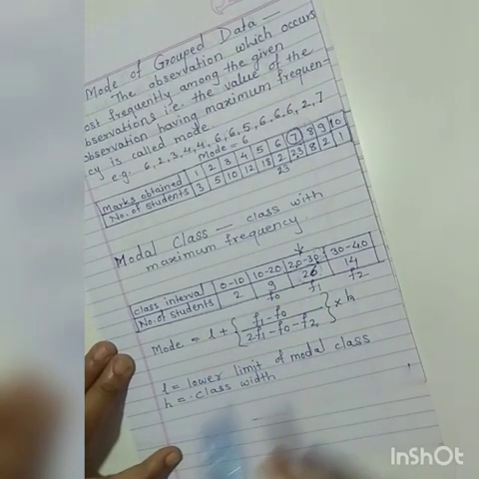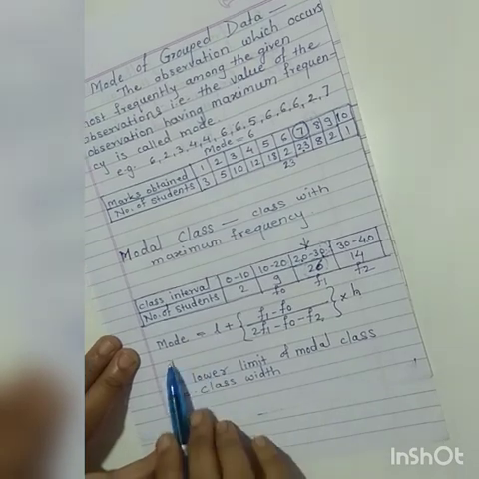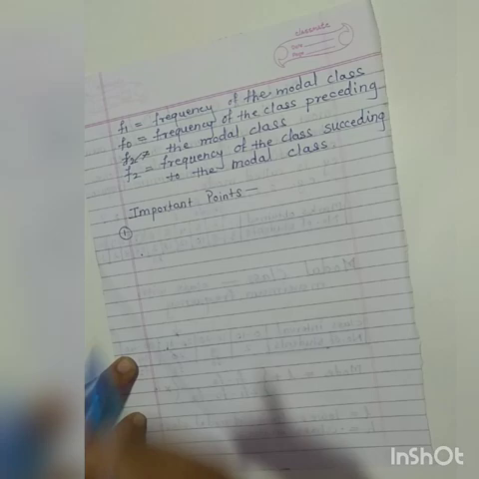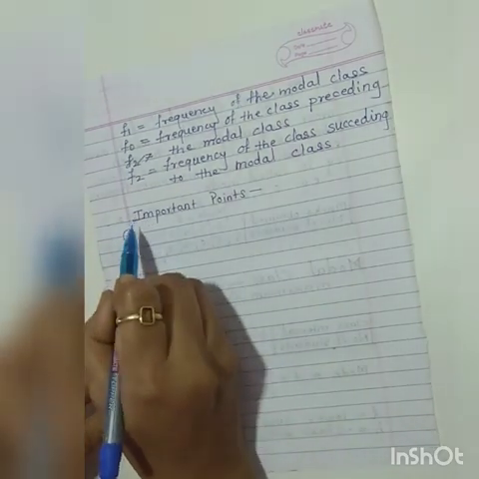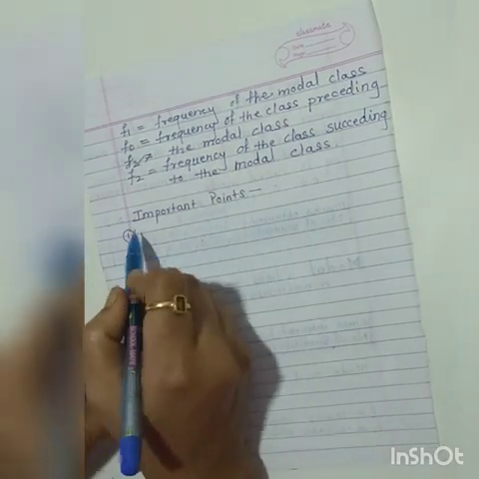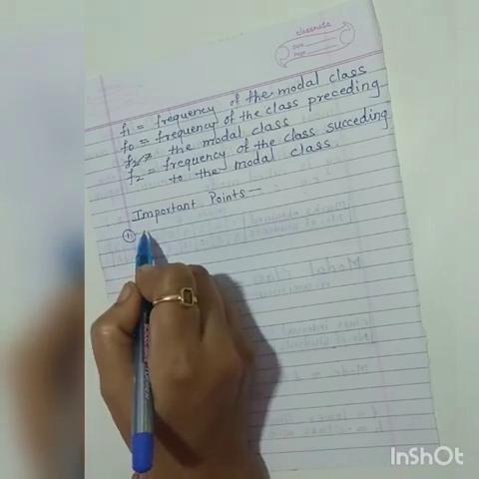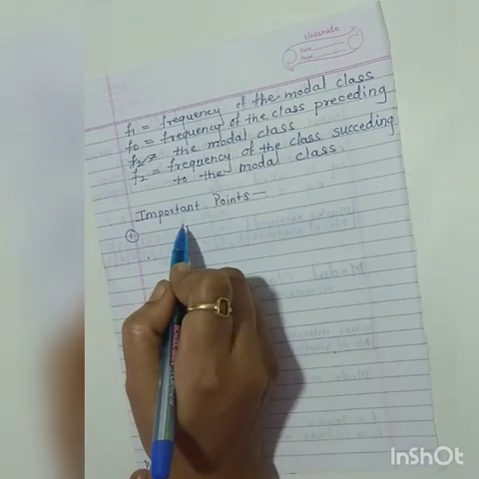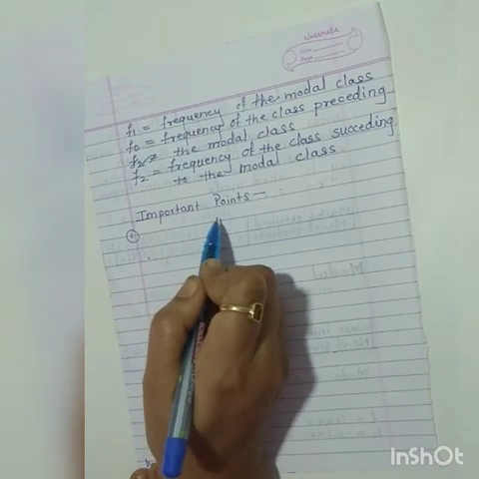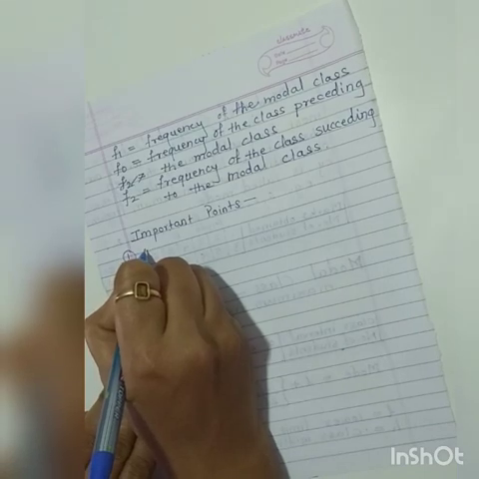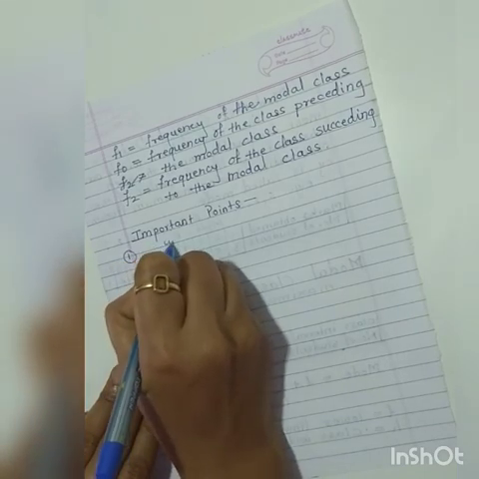Now after putting the values in the formula, you can calculate the mode here. Students, I want to tell you some important points about mode. First point: mode can be calculated for grouped data with unequal class sizes.